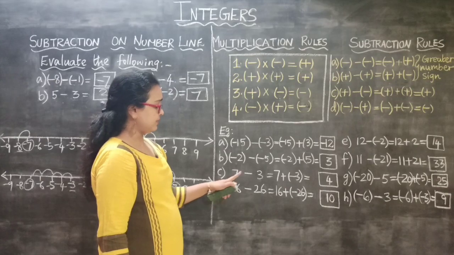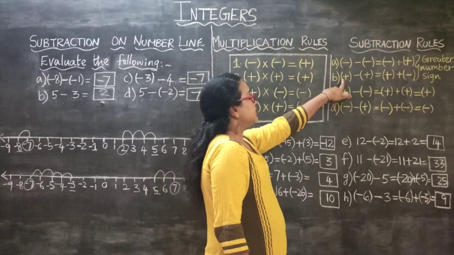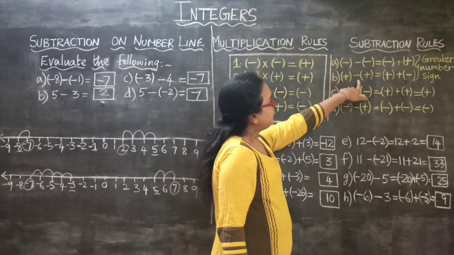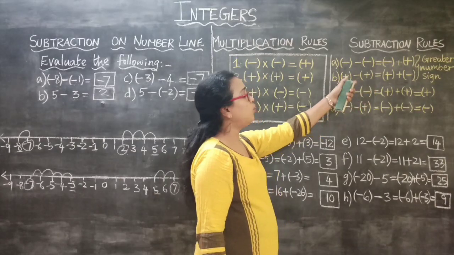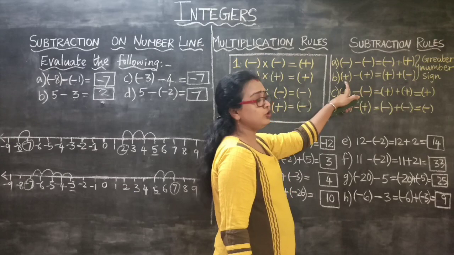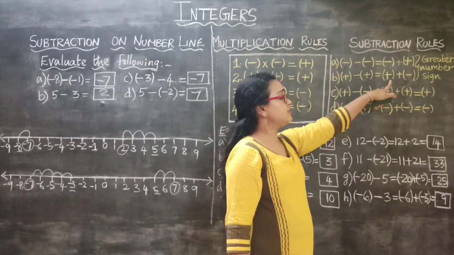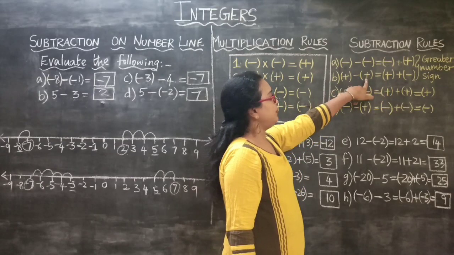Next question is 7 minus 3, that is of the B rule. So let's see what the B rule is. Plus minus plus. So when both are positive integers, what are we going to do? Minus into plus. I already told you the first integer will never change. So it stays as it is, plus the positive integer, minus into plus.